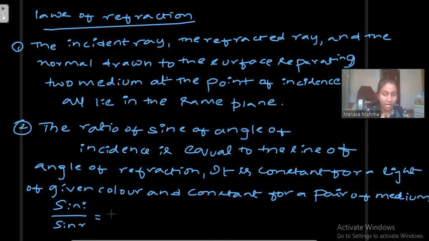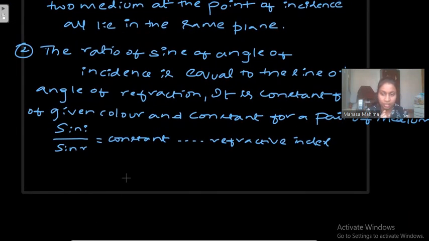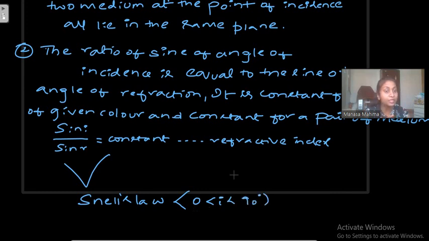This sin i by sin r is equal to a constant, and that constant is called the refractive index. And this law, sin i by sin r equal to a constant, is called Snell's law. This law holds good only for angles where the angle of incidence is greater than 0 and less than 90. If it is like this, then this law holds good. This constant is called the refractive index, which we denote as small n.